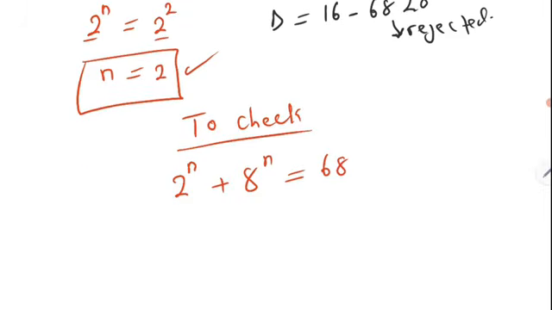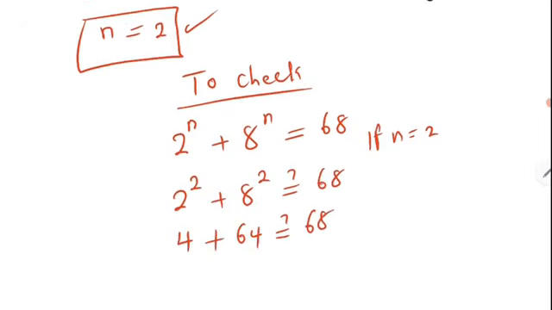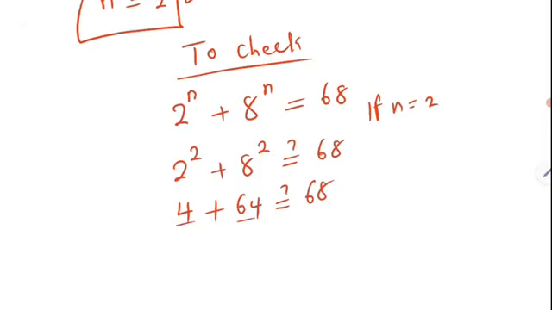Then here, if n is equal to 2, this is 2 raised to power 2 plus 8 raised to power 2, which must be equal to 68. Now 2 raised to power 2 is 4, plus 8 squared, that is 64, must be equal to 68. And of course, 4 plus 64 is 68, which is equal to 68, which is true.